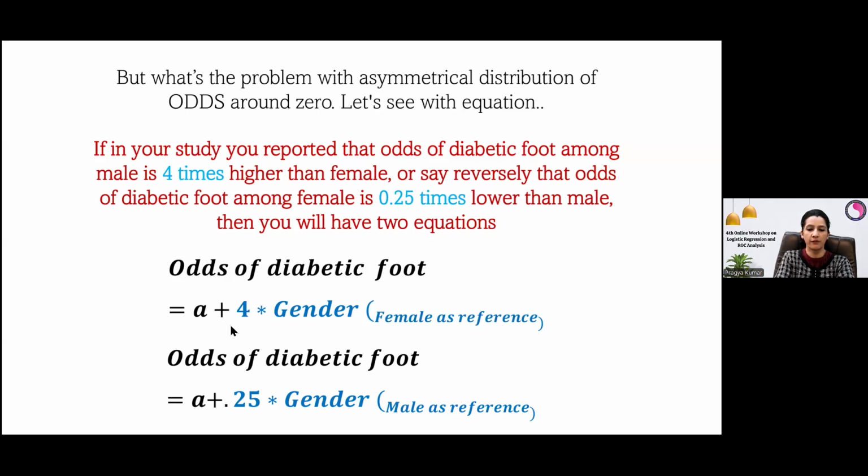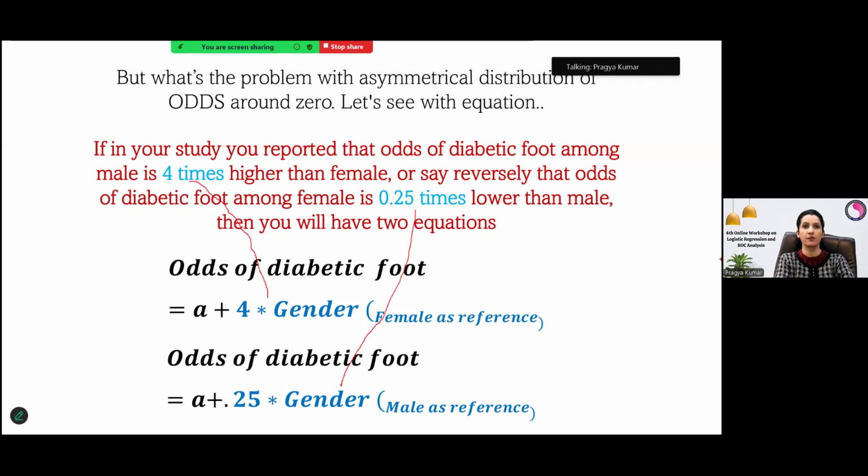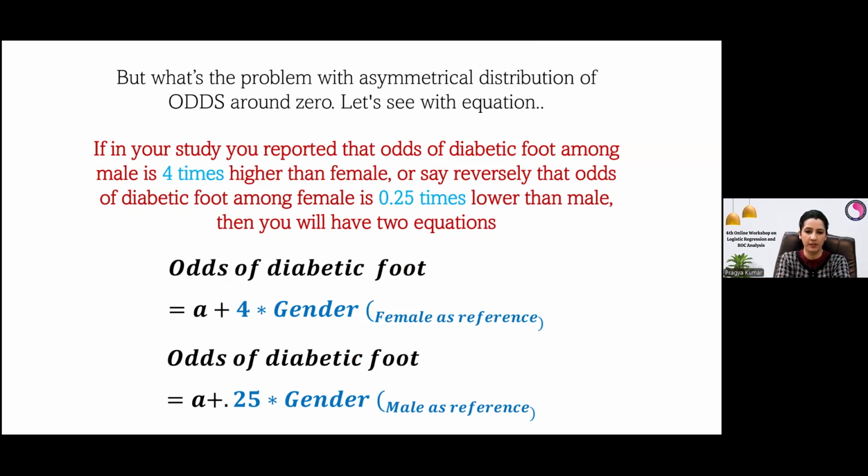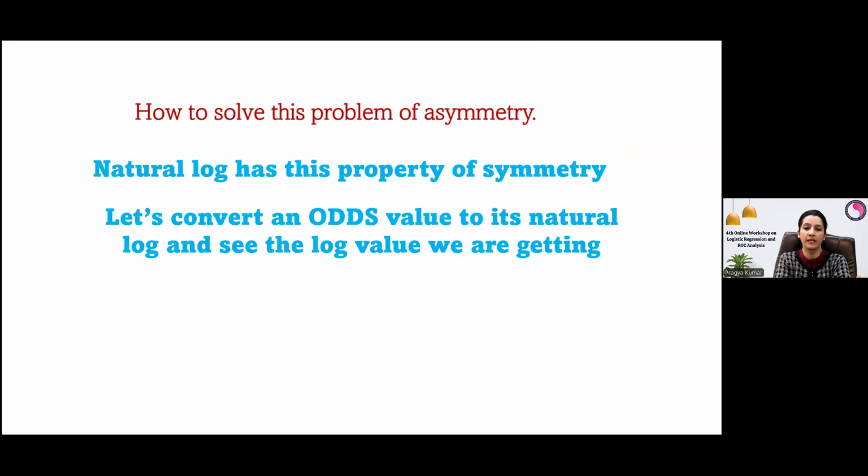In case of a male, it is 4 times higher, so I will take this equation. If it is 0.25, then I will take that equation. So I'll have to make 2 equations. But in every prediction, you have only a single equation. So how do we make this symmetrical in case of a reference category or categorical variable?